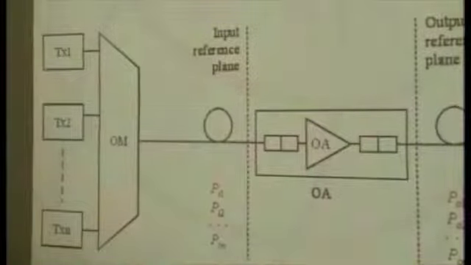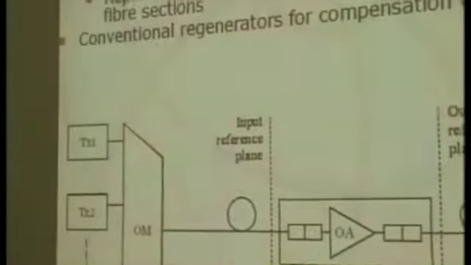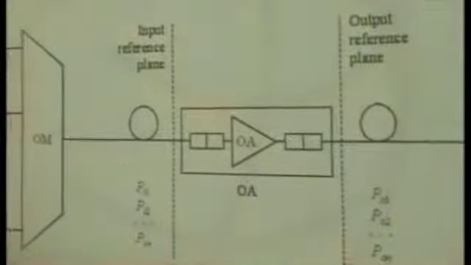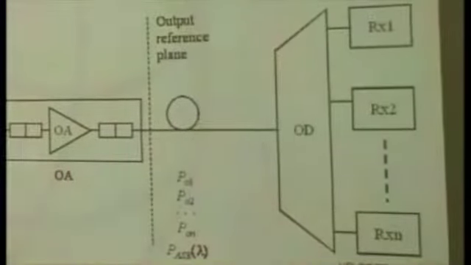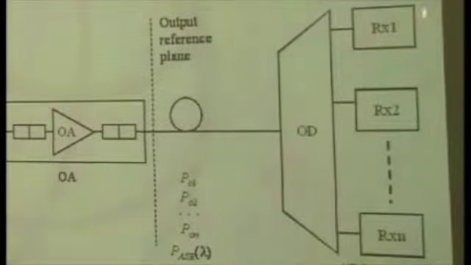This type of application definitely increases the regeneration length between passive fiber sections. The regeneration section means this and this, where TX and RX are OE converters. So this is called the regeneration section.